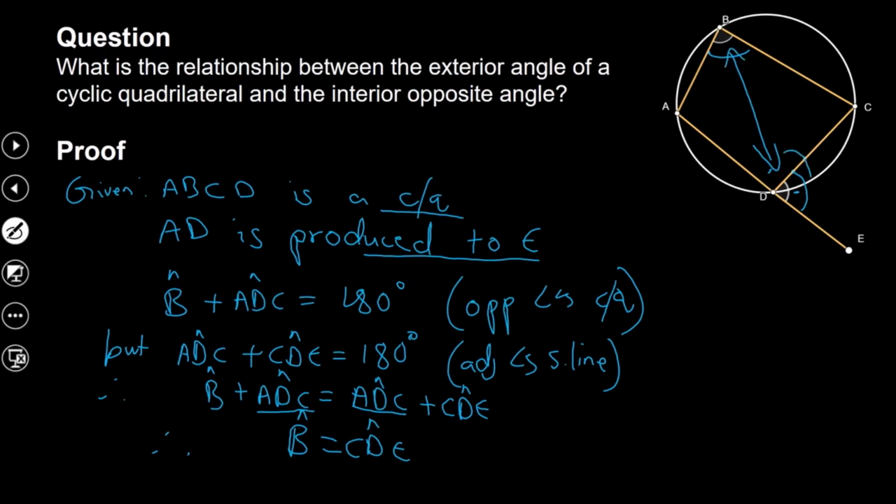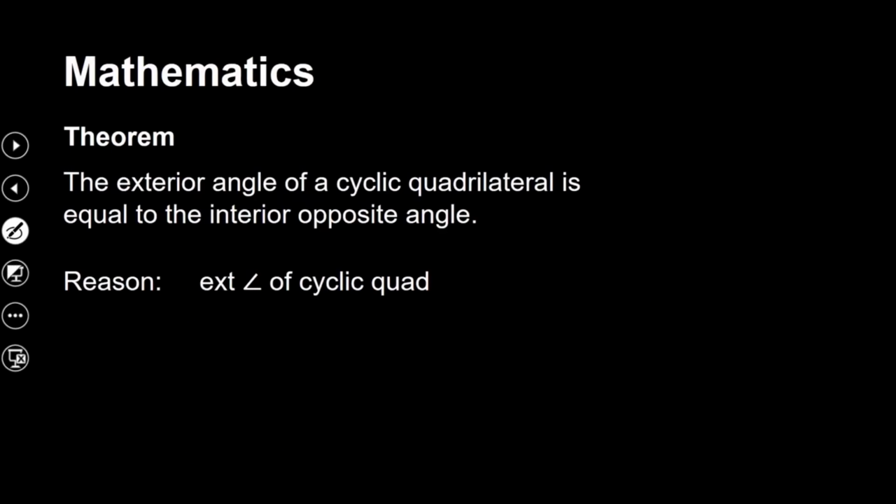But these two angles are also supplementary because they are adjacent angles on a straight line. Therefore, those two angles are equal. So what is the theorem here? The exterior angle of a cyclic quad is equal to the interior opposite angle.